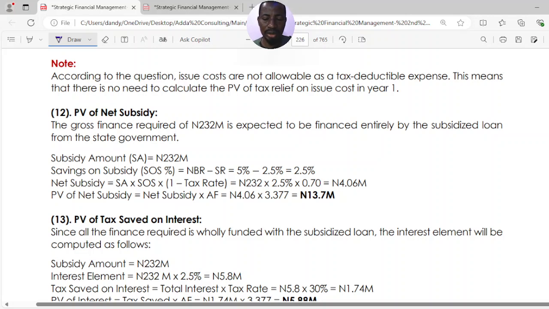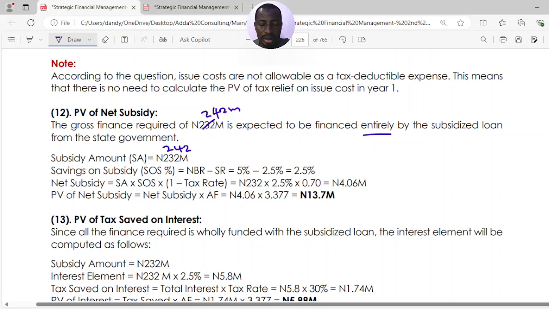Examiner has told us that the project will be 100% financed with subsidized loan. So the gross finance required of 242 million is expected to be financed entirely by the subsidized loan from the state government. So subsidy amount is entirely 242 million.